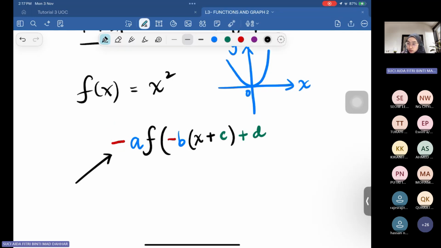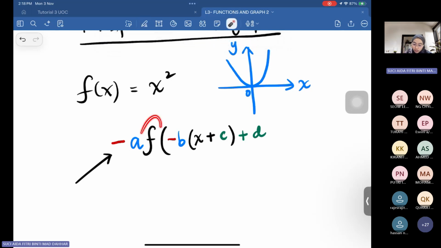Reflection. No rotation, there's no rotation in functions. We're not going to do rotation of functions. It's only stretching, compression, reflection, and shifting, or translation. Correct.